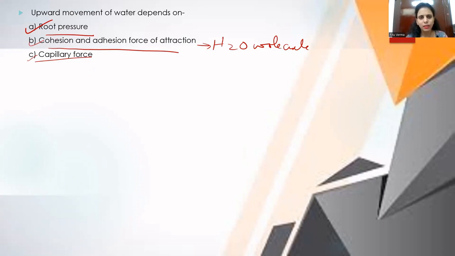What is meant by root pressure? For example, there is a plant with a root, and there is one particular cell having a root hair. This root hair will absorb water, and water will enter inside the cell. On the top, there's a trunk, then a branch, and one leaf.